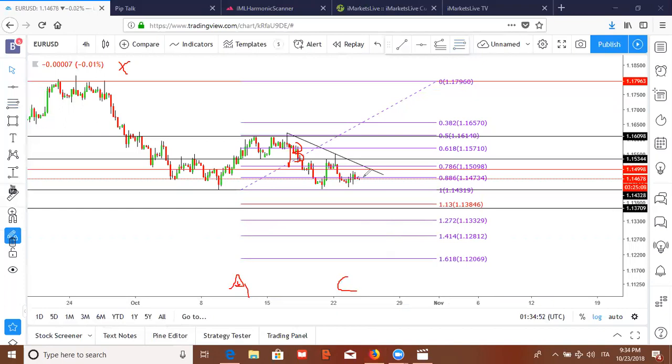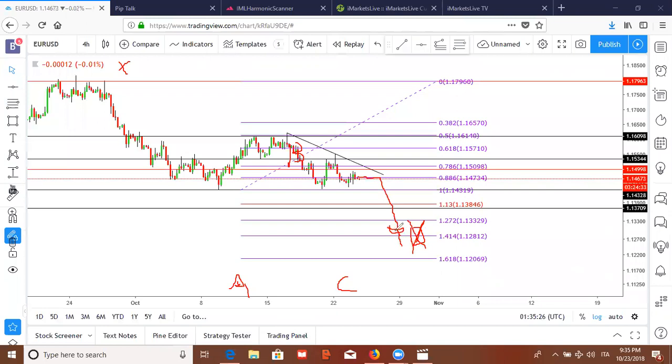So price could play around and drop down to this 1272 all the way down to the 1414 for the Cypher pattern to be valid. If price does push down to the 1414, the max extension that we need, it can wick it. The candle just can't close below it. So this will be invalid if that were to happen.